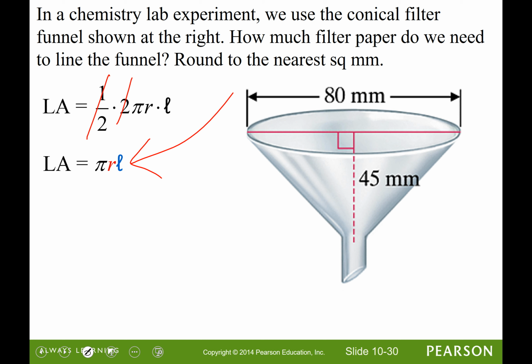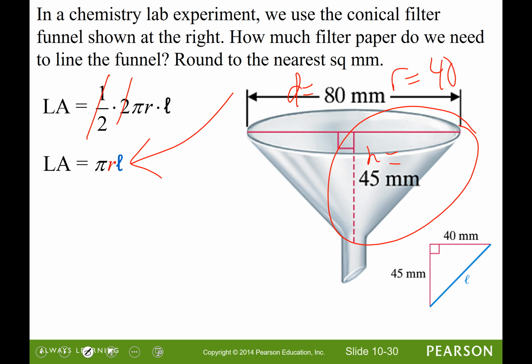R is the radius. Careful, 80 is the diameter. So the radius would be half of that, which is 40. Slant height, we don't have it. We have the regular height of 45. But we can find the slant height by zooming in on this right triangle right here. If we zoom in on it, it's a right triangle that looks like this. The legs are 40 and 45 millimeters.